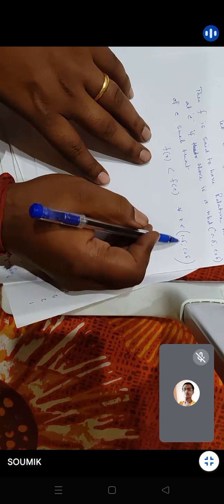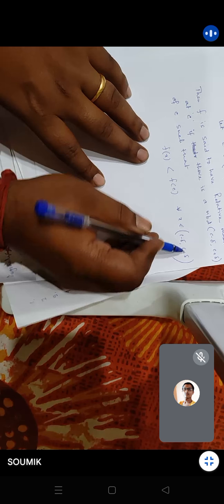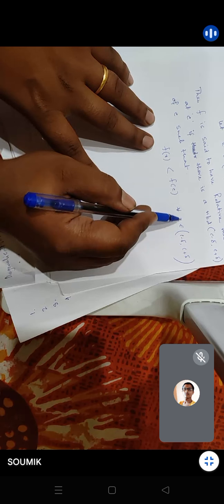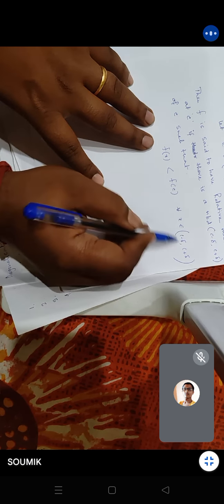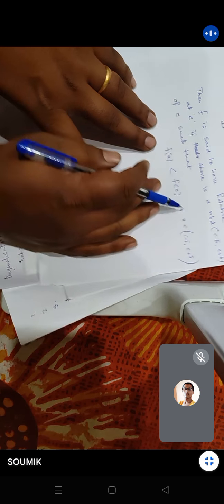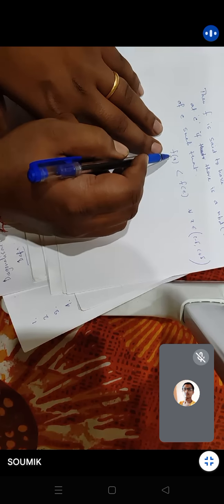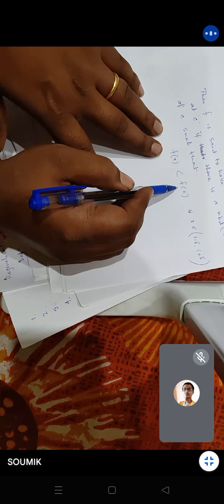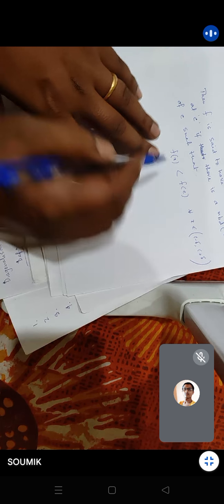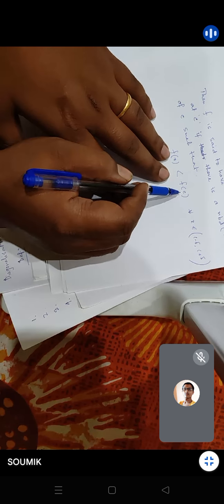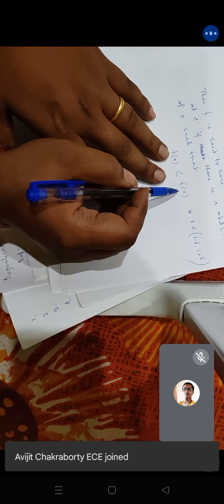So for all x belongs to (C minus delta, C plus delta), for all x belongs to this set, we have f(x) is less than f(c).